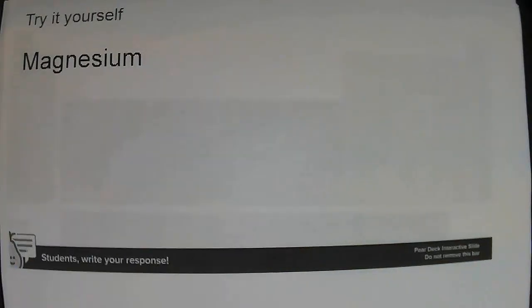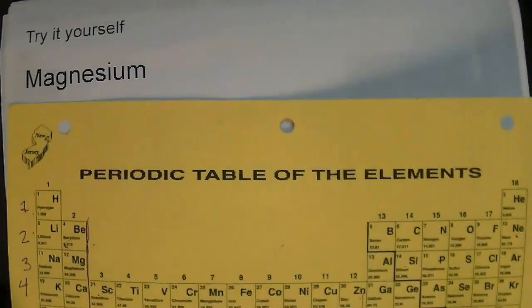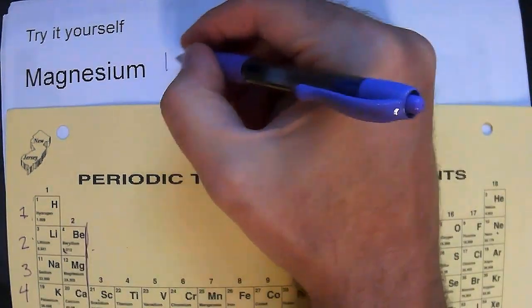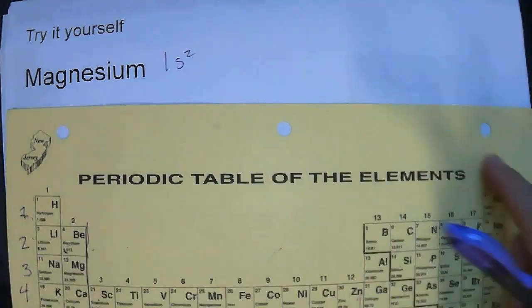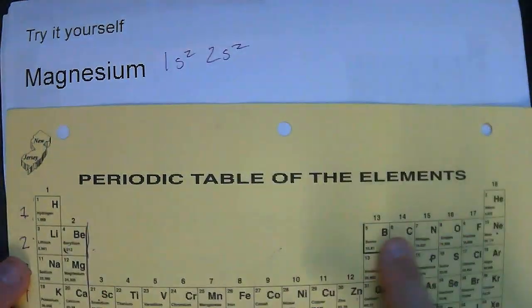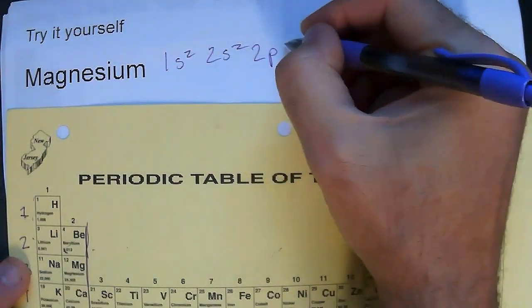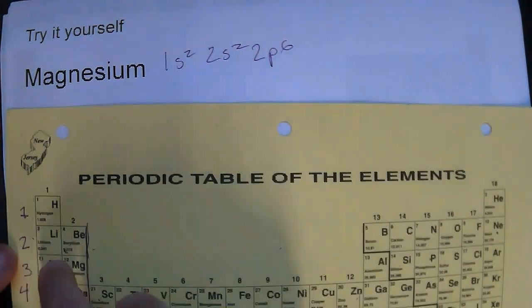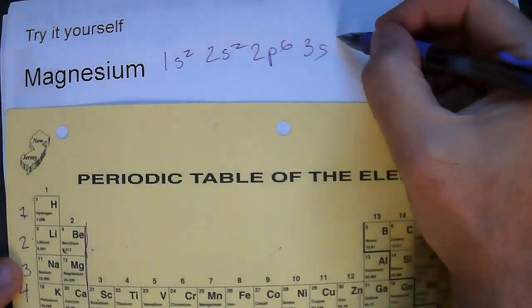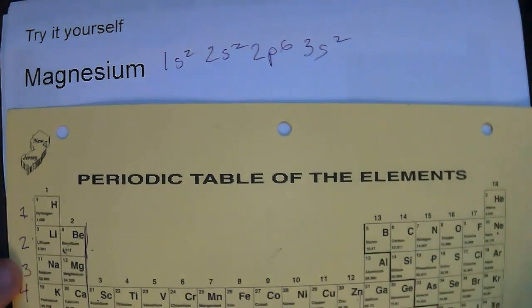Then magnesium. Magnesium is here. 1s2, 2s2, 2p6, 3s, and then 1, 2 gets us to magnesium.